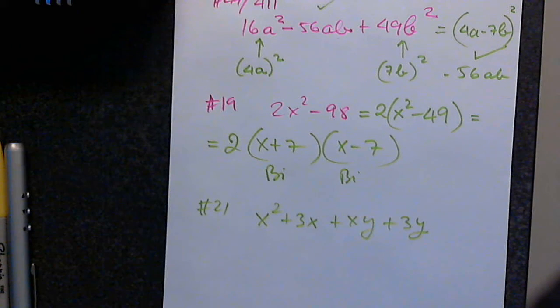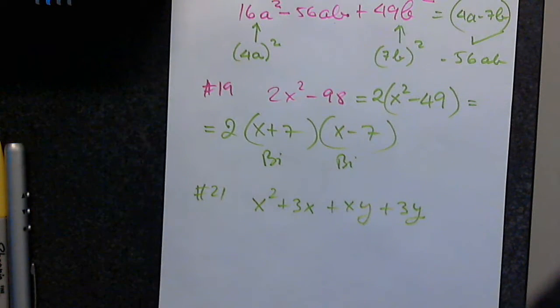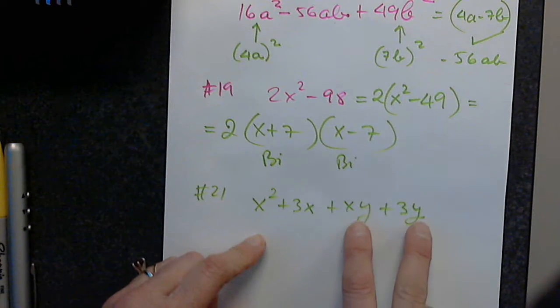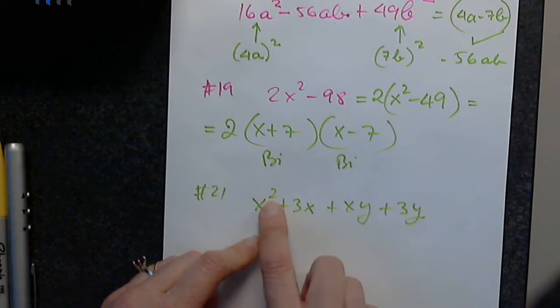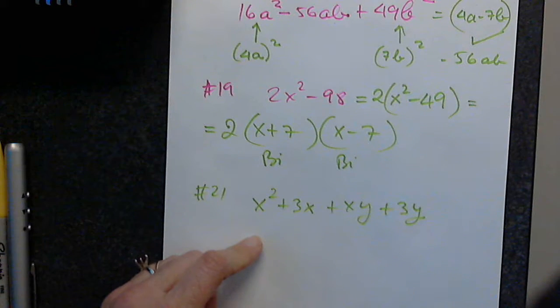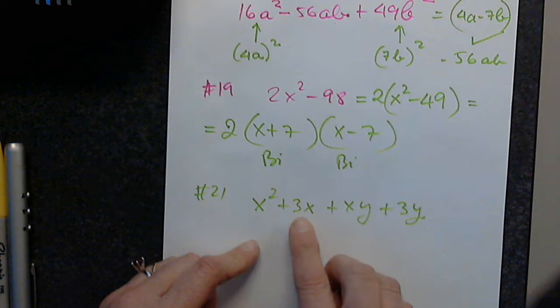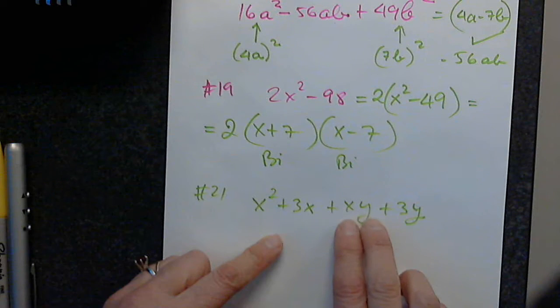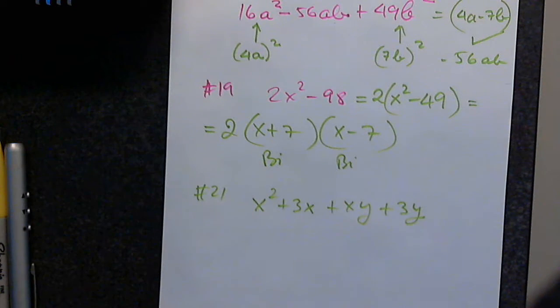Next question is, is it in descending order? Again, I'm having a little bit of difficulty here because I see two variables. Nobody says which one is more important. I also see that this is only y, so this is x squared. So I'm going to say for now it's okay. There is x squared, there is an x, there is an xy, and no x.